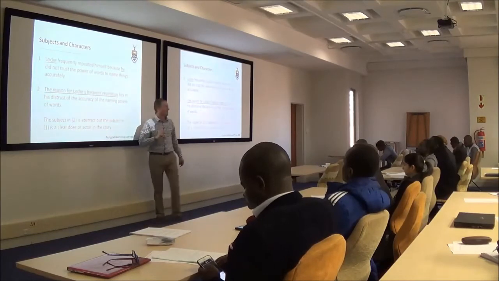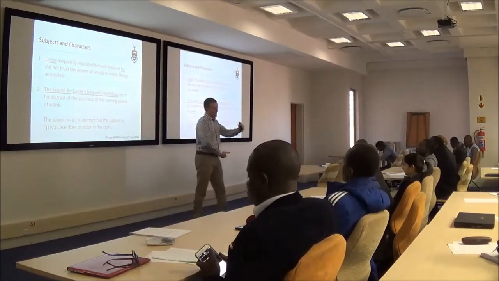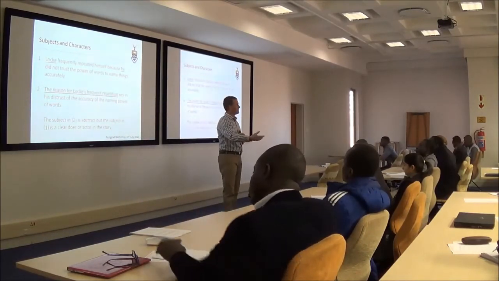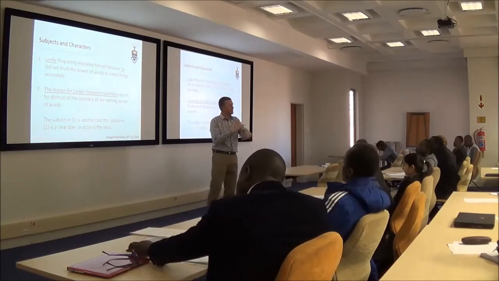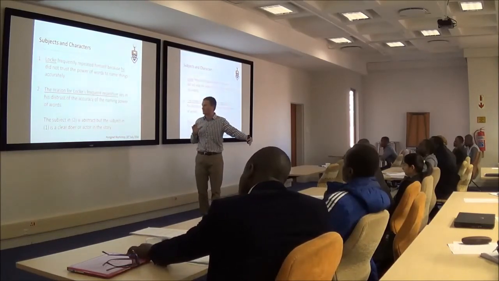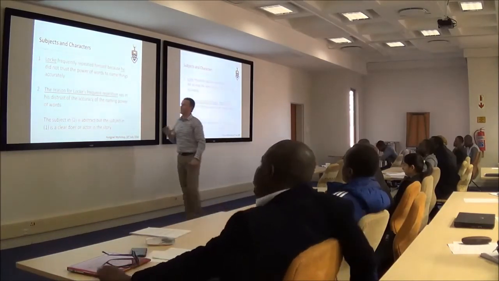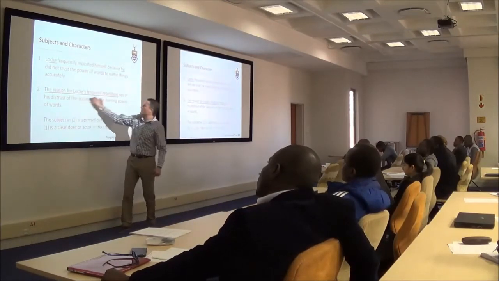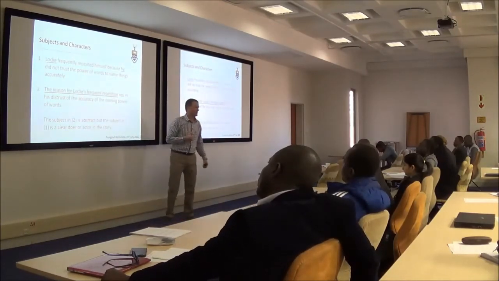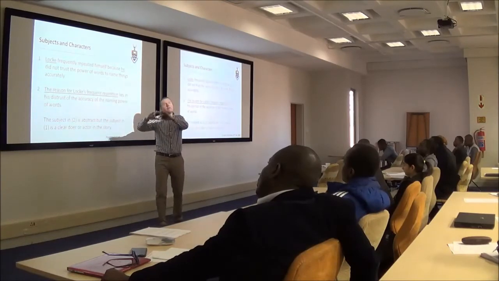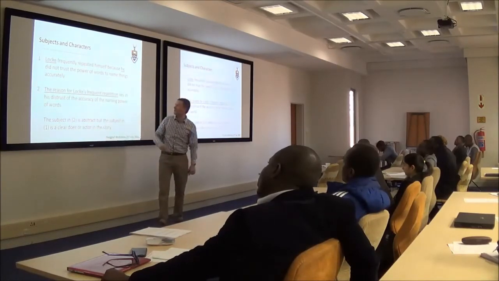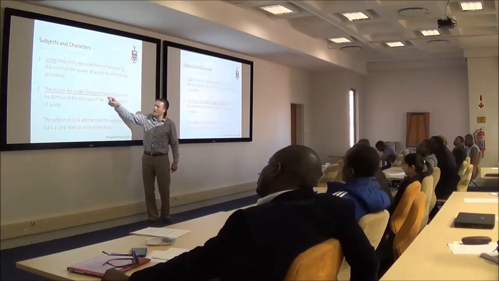In the second sentence, the writer has abstracted the content of the sentence and created an extended subject, which is the reason for Locke's frequent repetition. So he's created a more complex subject to talk about. Then he explains the subject.